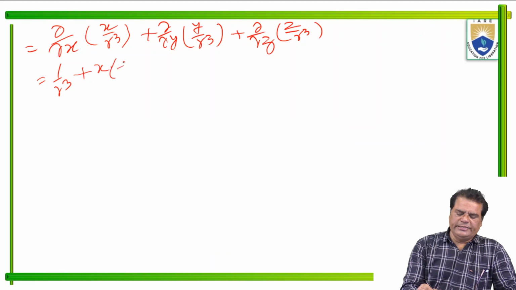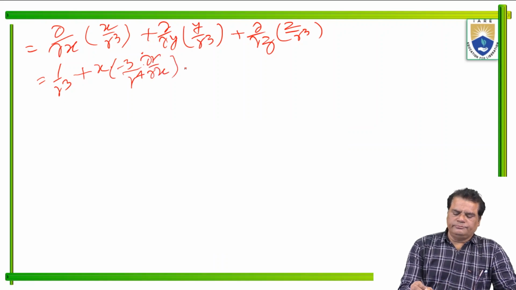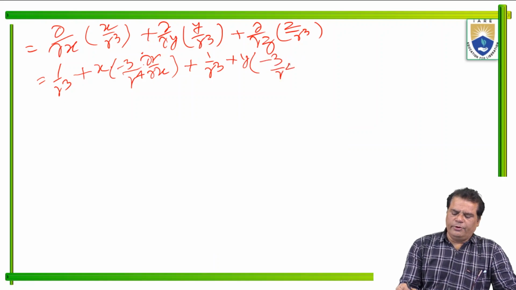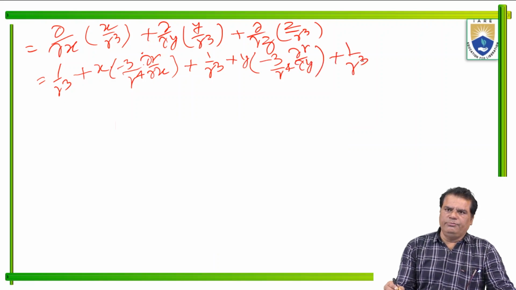Differentiating this, minus 3 upon r to the power 4 into ∂r/∂x. Similarly plus 1 upon r cube plus y into minus 3 upon r to the power 4 ∂r/∂y and plus 1 upon r cube plus z, minus 3 upon r to the power 4 ∂r/∂z.